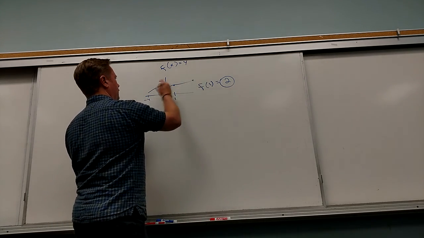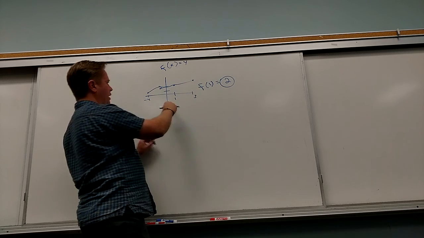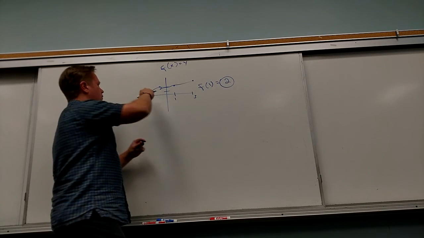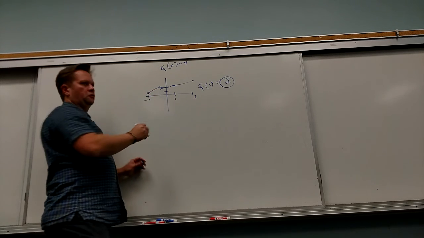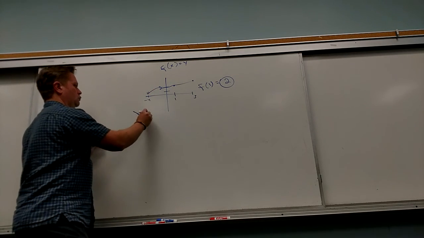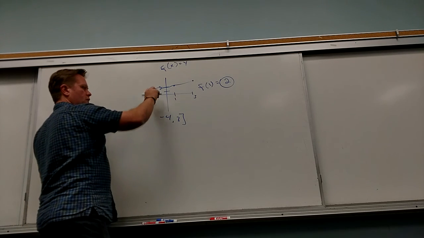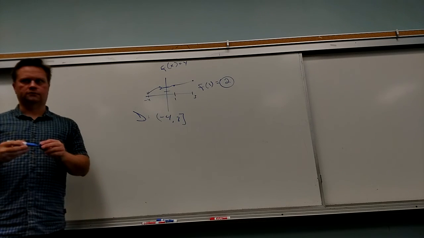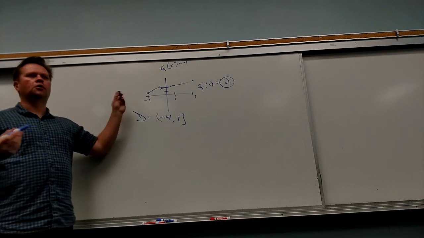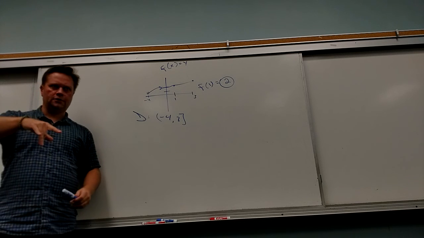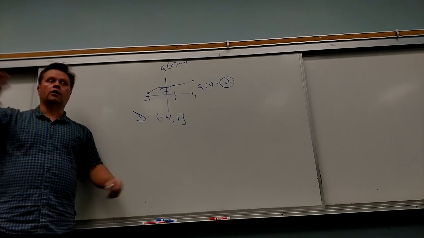So if this is my function here, my domain would be -4 to 3. If I put an open circle here, if I want to be really evil, the domain would be -4 to 3, include the 3, but don't include the -4. Because the -4 doesn't have an output? Really, the domain is all the x's that have an output, and the range are all those outputs.